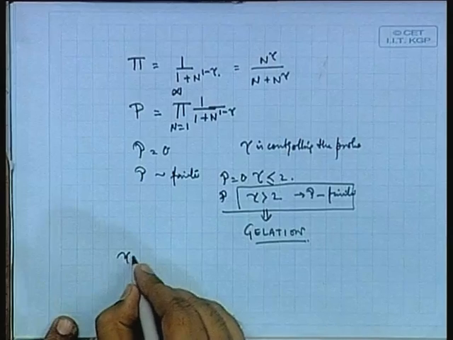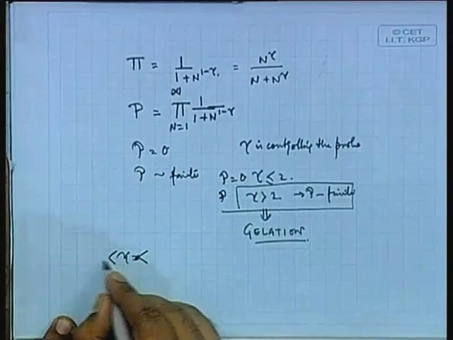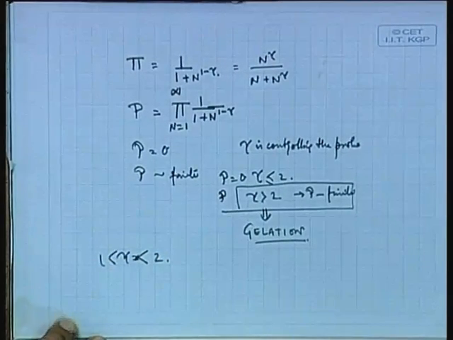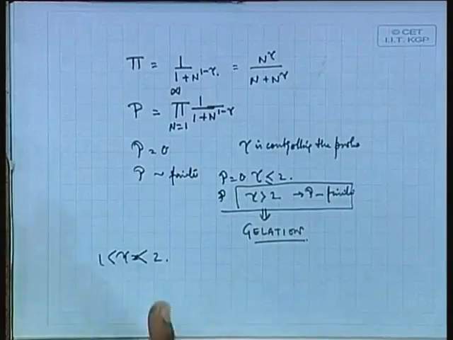Now, which region have we still not explored? 1 to 2. Gamma is equal to 1. So again, let us see what happens. I will try to write.